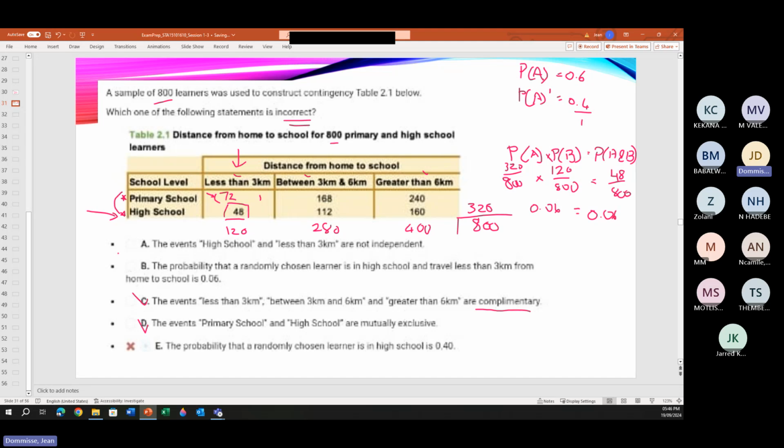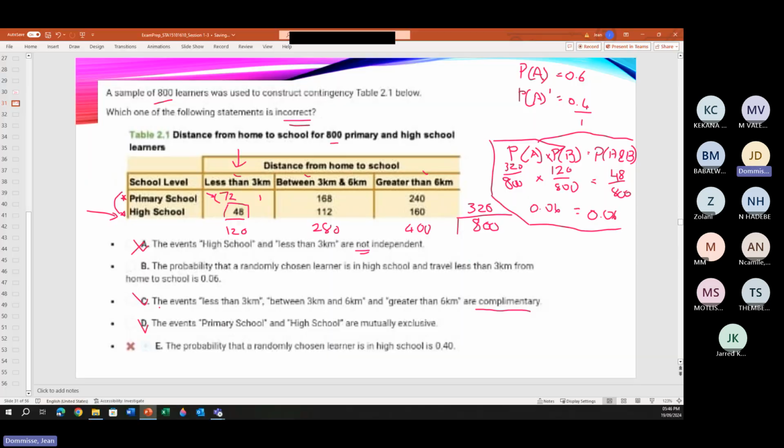Okay, so that first one is, oh, I'm looking for the incorrect one. Oh, okay, so sorry, the statement that events high school and less than are not independent is the wrong one, because they are actually independent. We worked out that the probability of A and B is equal to the probability of A times B. So there we have worked out the independence of the two.